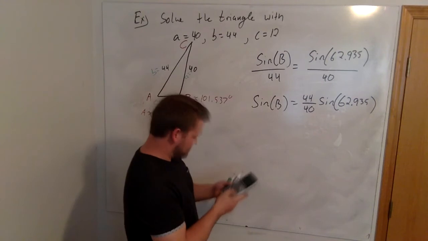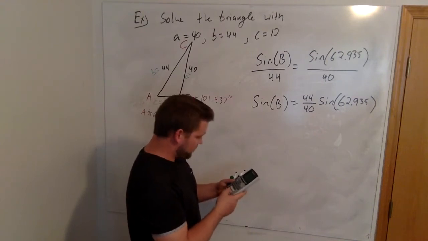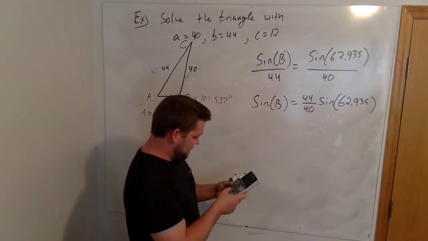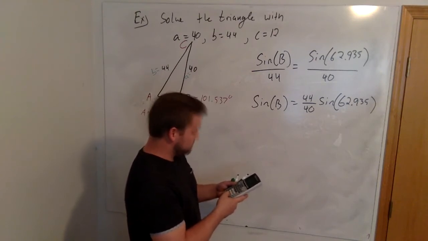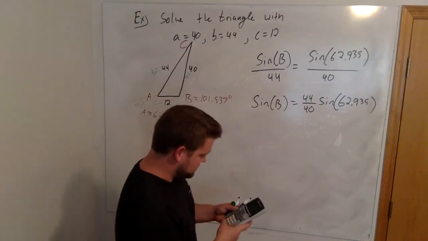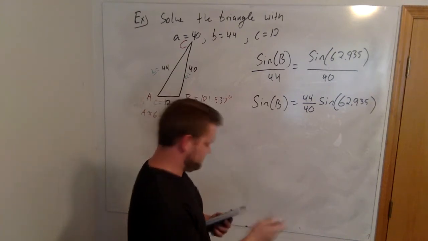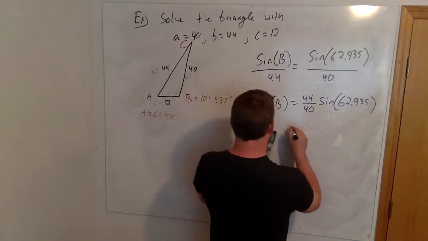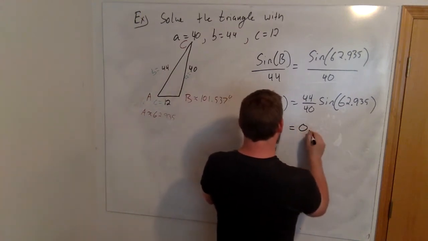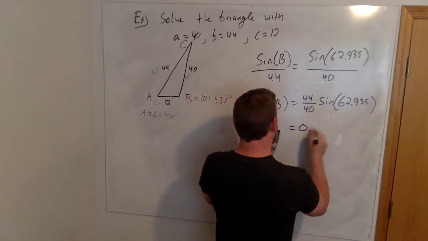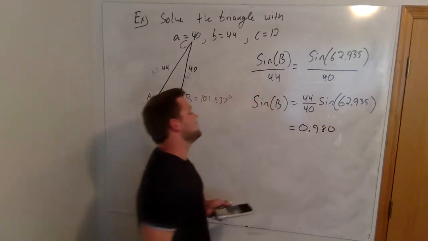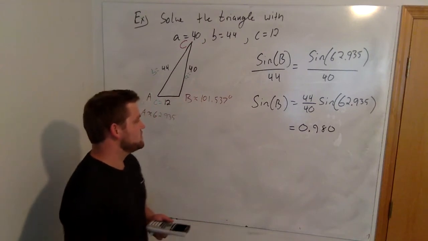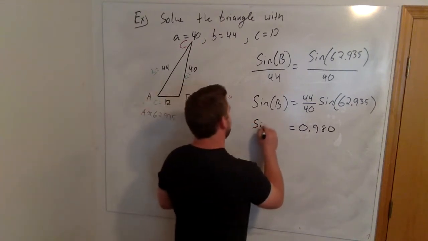We get 44 times the sine of 62.935 divided by 40, and I'm getting 0.980 if we're rounding to 3 decimal places. So this is sine of B.